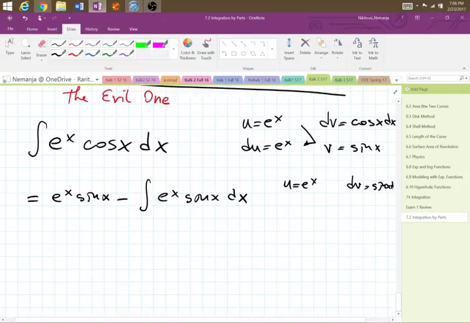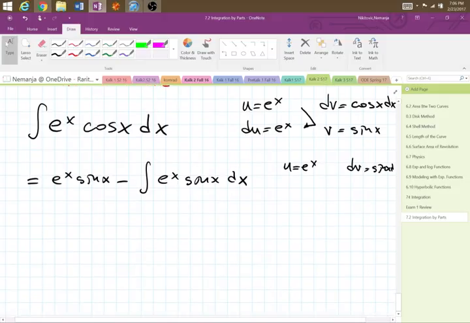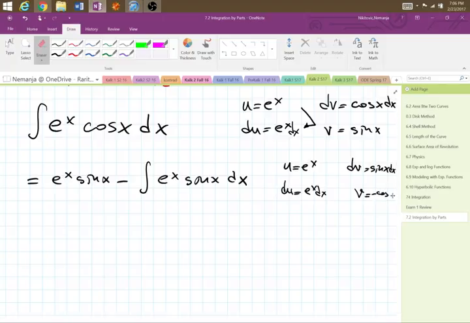Sine x dx, and then du equals, again, e to the x dx. Ooh, I forgot the dx here. And then v is negative cosine x. Arrow.